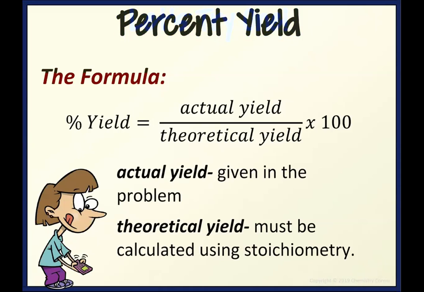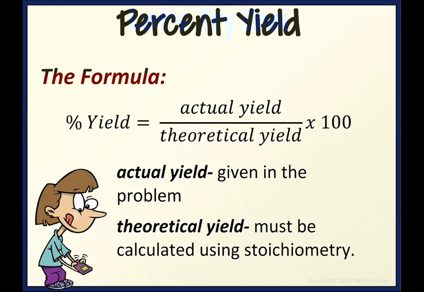Ready? The double replacement reaction between potassium iodide and lead(II) nitrate is run in the lab. Okay, so the first step is to write a balanced equation. We are going to have to write potassium iodide and lead(II) nitrate.